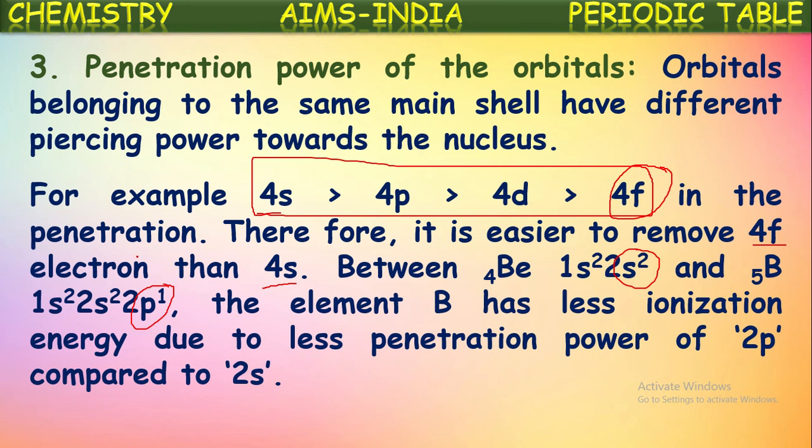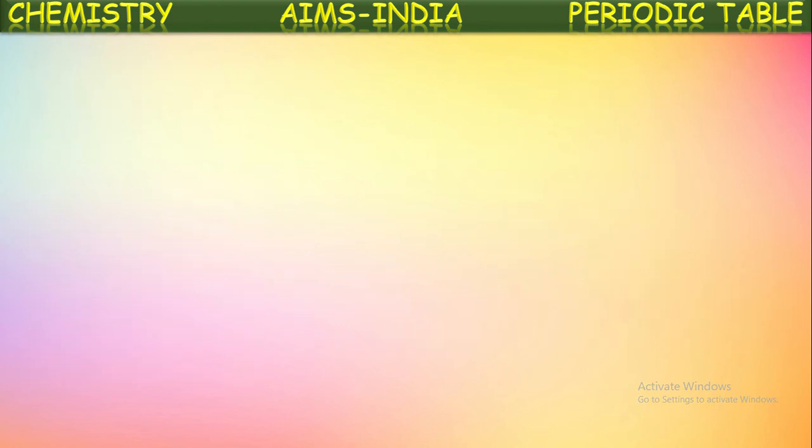So the removal of this electron is a little more difficult than the removal of this electron. That is why boron has less ionization energy than beryllium. This is due to the less penetrating power of the 2p orbital compared to the 2s orbital. Okay, this is one more factor.